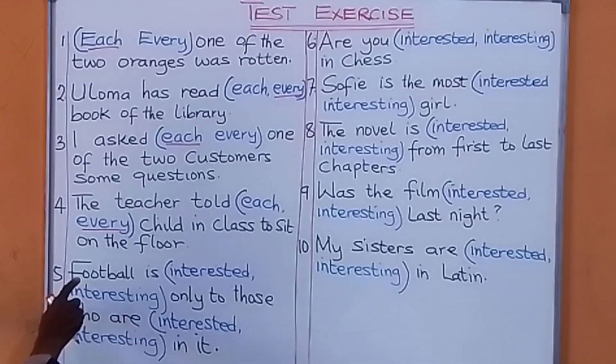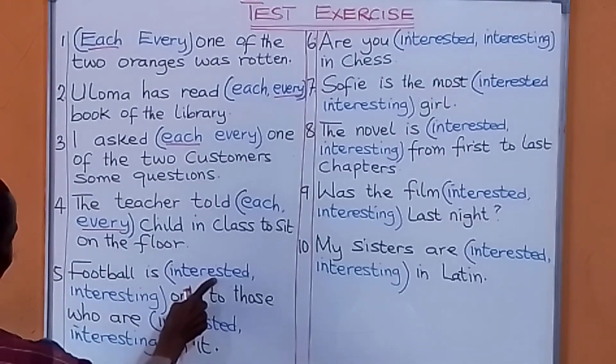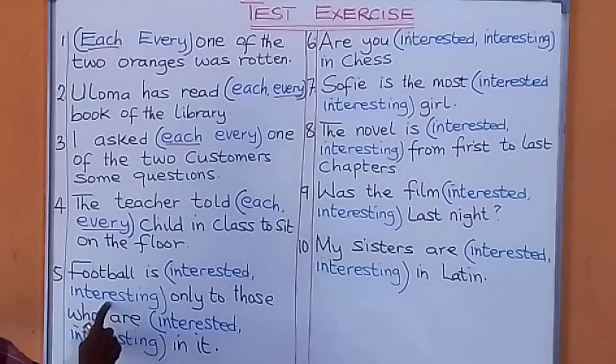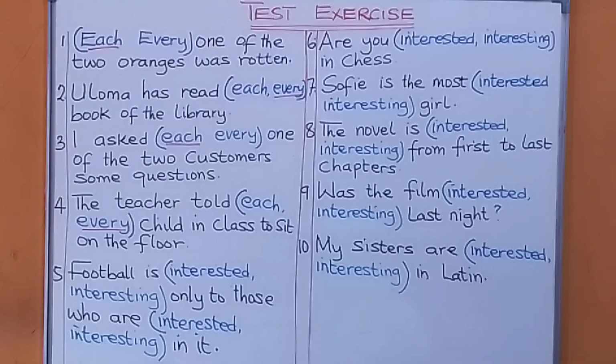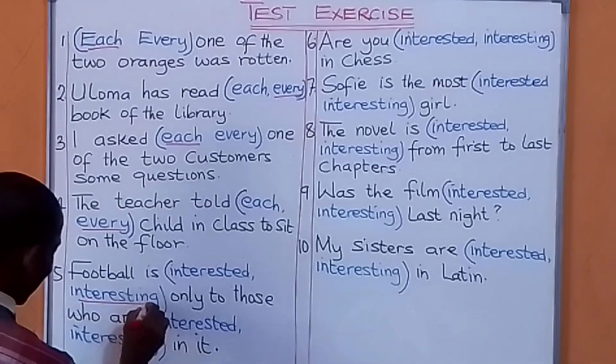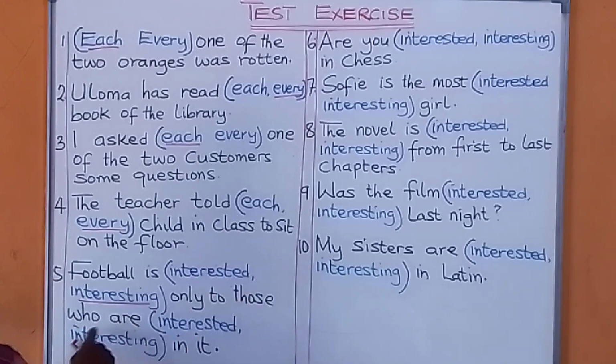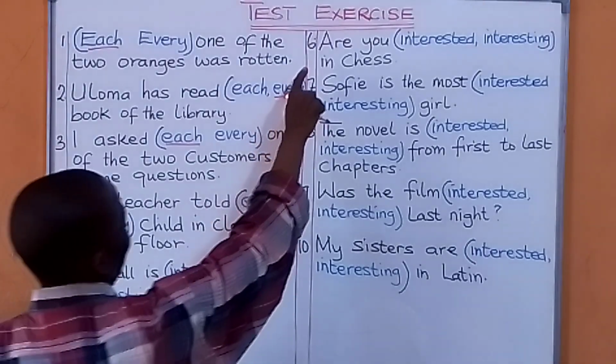Number five. Football is interested, interesting only to those who are interested in it. What are the options you are going to underline? Football is interesting only to those who are interested in it. Let's go to number six.